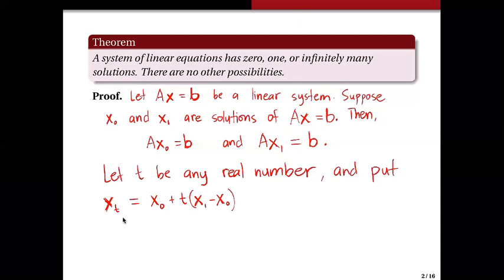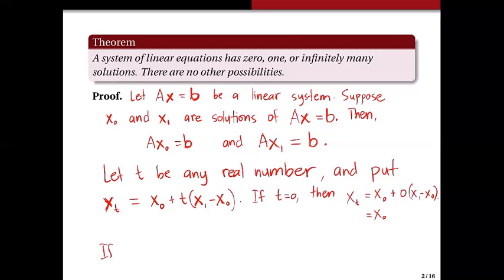So far, so good. Of course, you see here, if t equals 0, then clearly x sub t is x sub 0 plus 0 times the vector x1 minus x sub 0, which is just x sub 0.